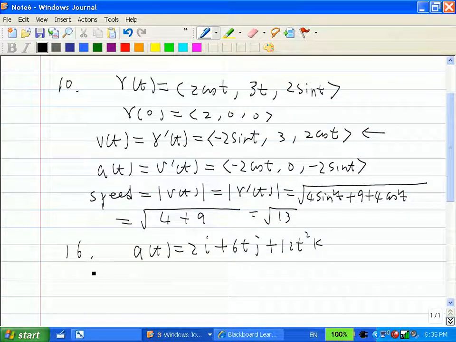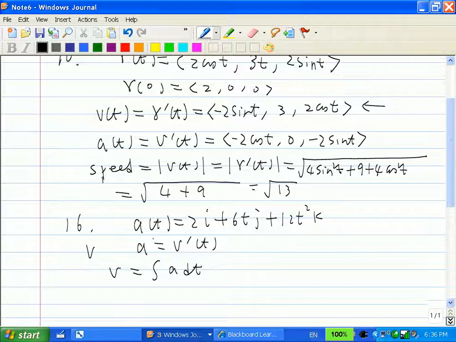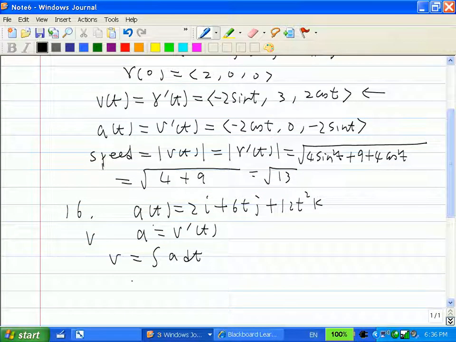First, let's find the velocity. We know acceleration is the derivative of velocity. Therefore, to get velocity, you take the antiderivative, the integral of a dt. That means we integrate each component.